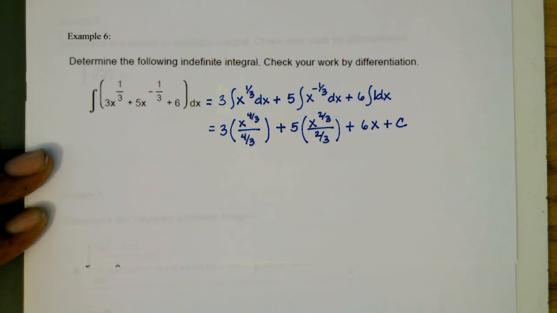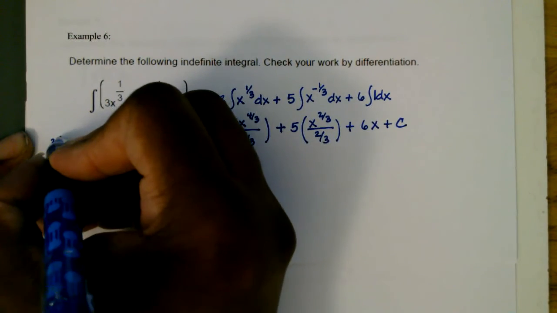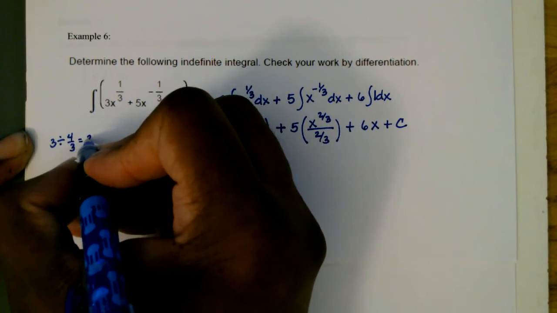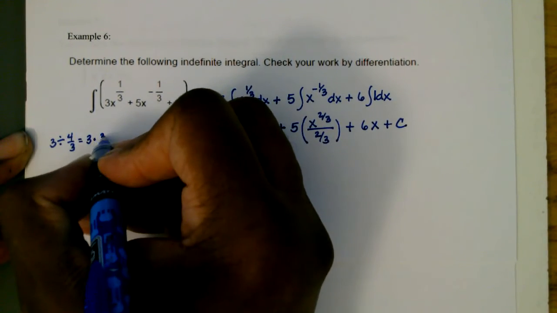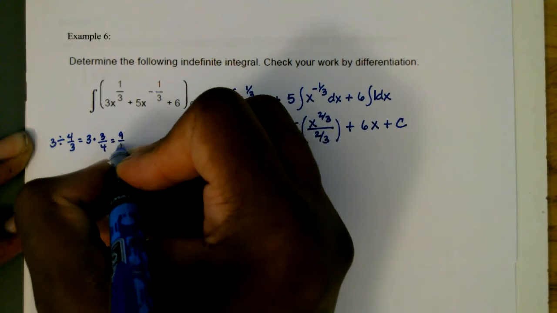Now, in this case, if I do 3 divided by 4/3, I'm doing this out to the side, 3 divided by 4/3, that's saying 3 times its reciprocal, which is 3/4. 3/1 times 3/4 will be 9/4.